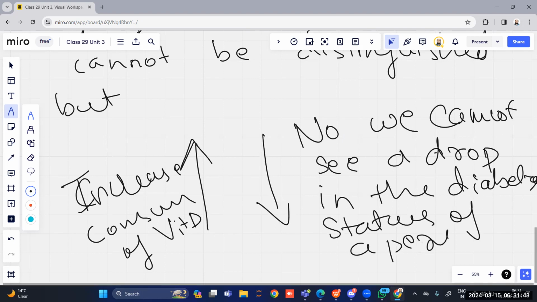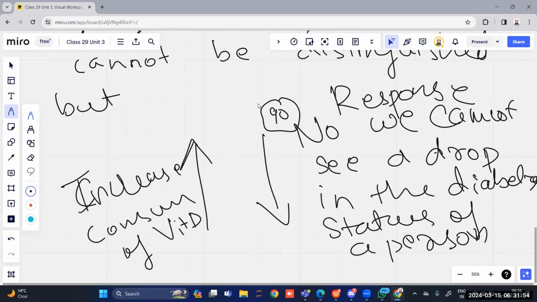The response variable will be the same. For example, diabetes level was 90 for mid vitamin D, and we increased vitamin D in our diet for 1 month, but diabetes remained 90 only. The person is healthy, but there is no change in the response variable.